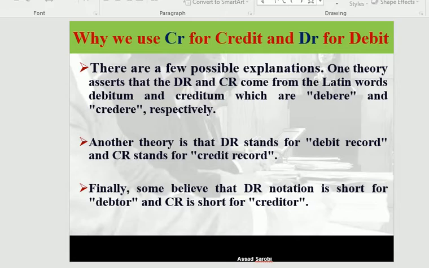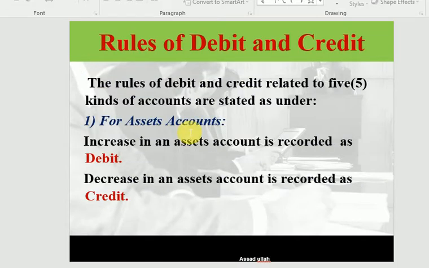So these were the simple definitions of debit and credit. Now we move towards the rules of debit and credit.